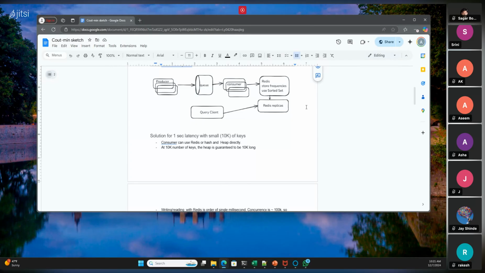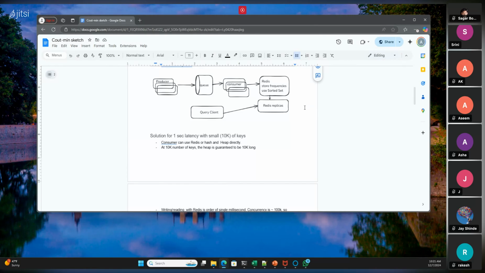So I was thinking of having two tables, so having a table in Redis where we just keep updating frequencies. That table will have key, the ID, and the observed count that we have seen so far. See, each of us in the call will have one ID, and then we have how many sessions we join.